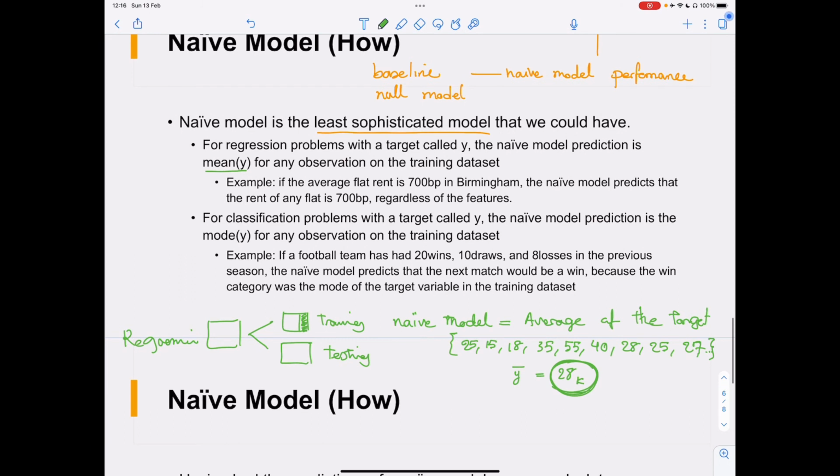So if these are the predictors of the test set, predictor 1, predictor 2, predictor 3, predictor 4, predictor 5, I do not care about them. And my guess is 28, 28, 28, 28 for all of the cases.